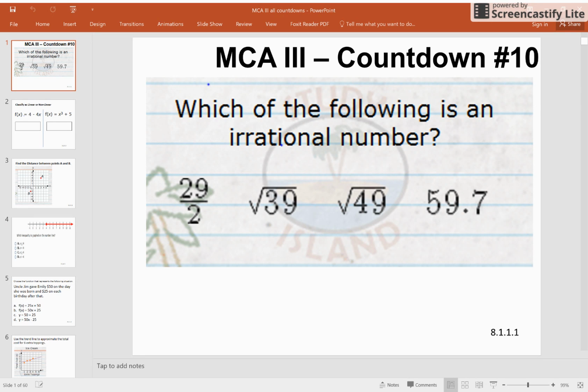Now, find the distance between these 2 points. You've got your distance formula on your formula sheet, which looks like this. Subtract my x's, and then I'm going to subtract my y's, square them, find their sum, take the square root of the entire thing.